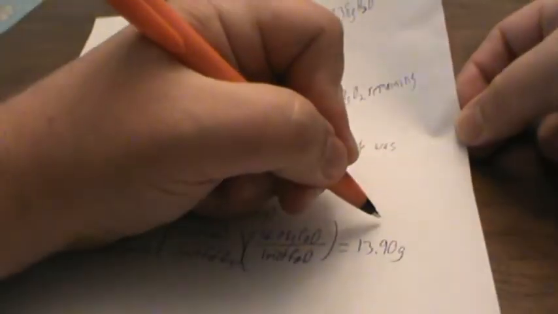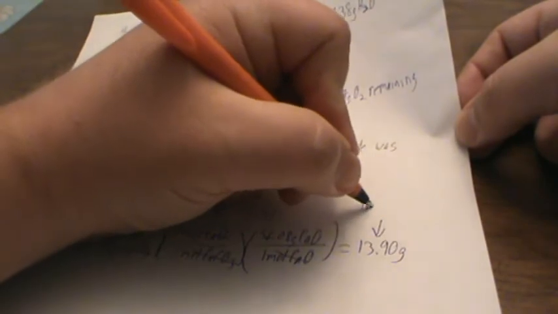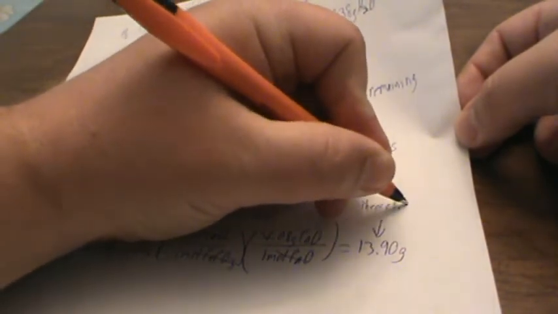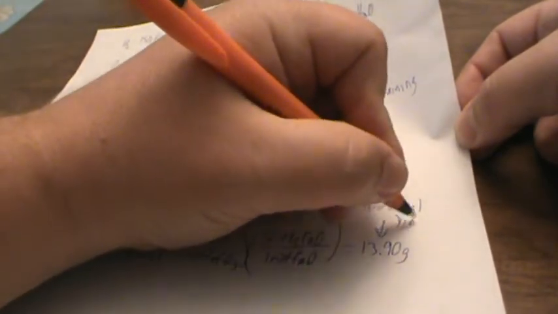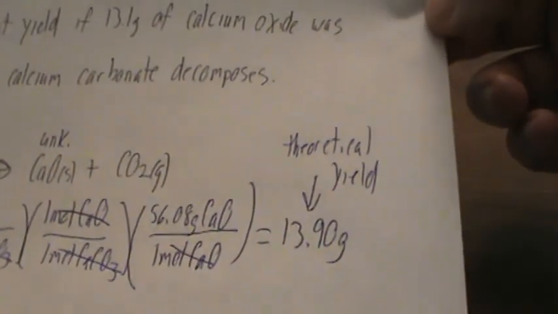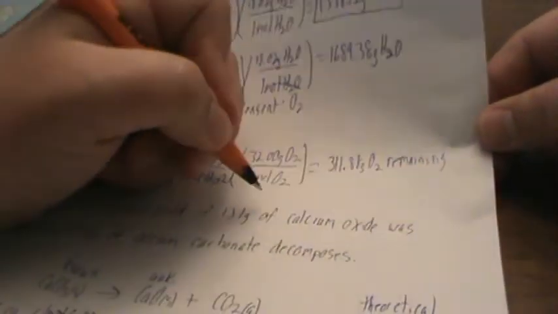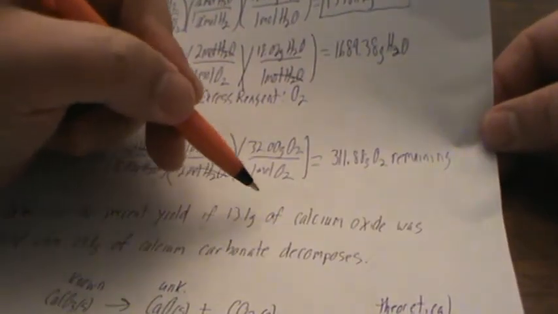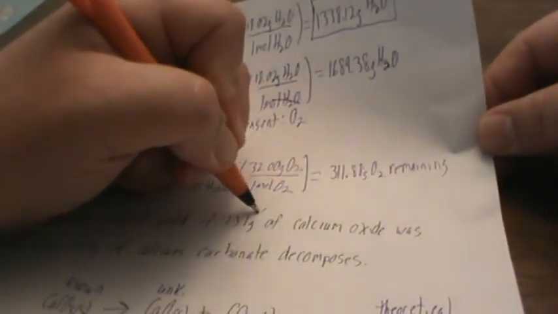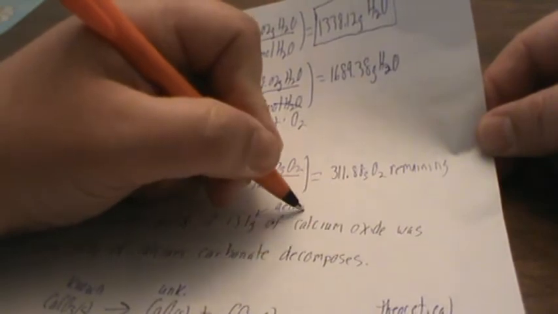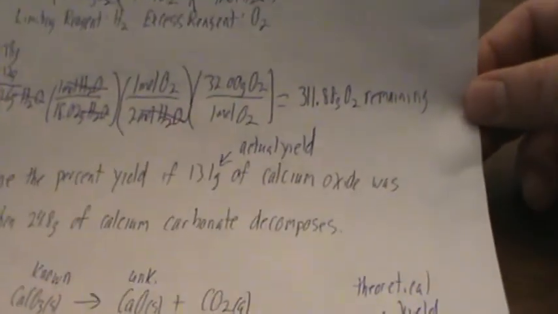Okay, so this is our theoretical yield. In theory, that's how much we should be getting. This number up here, this 13.1 grams that was collected, this is the actual yield, because when they ran the reaction, that's what they actually got.